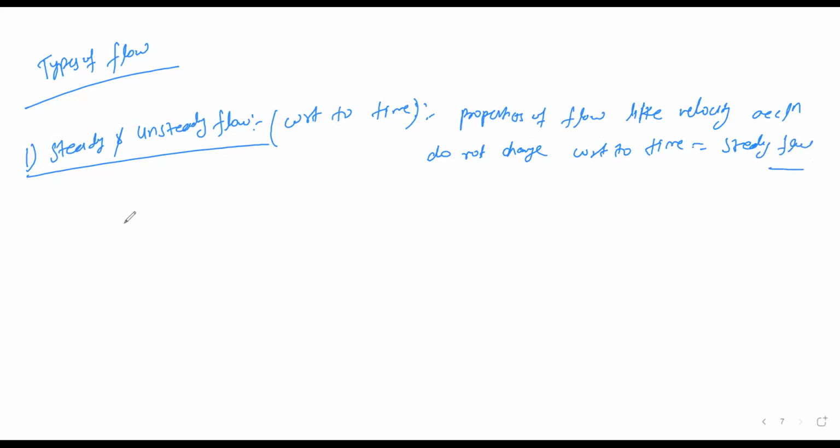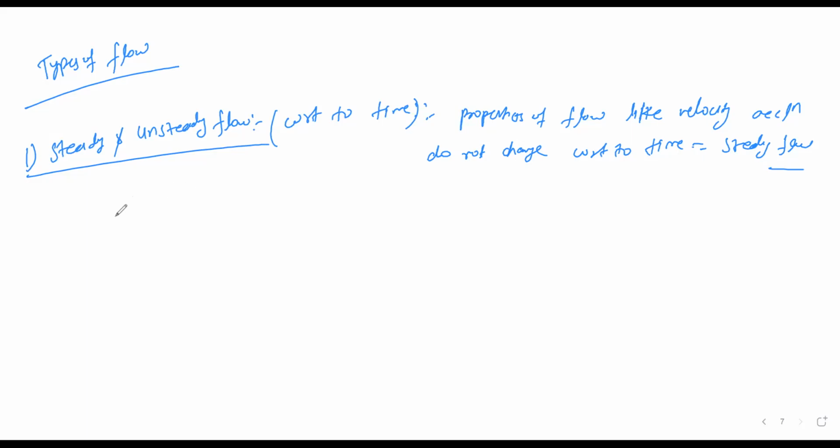If I'm assuming now it is 1 o'clock, at 2 o'clock the velocity should be the same. 20 meters per second, it should be 20 meters per second. That is your steady flow. But if it is changing with respect to time, it's called unsteady flow.